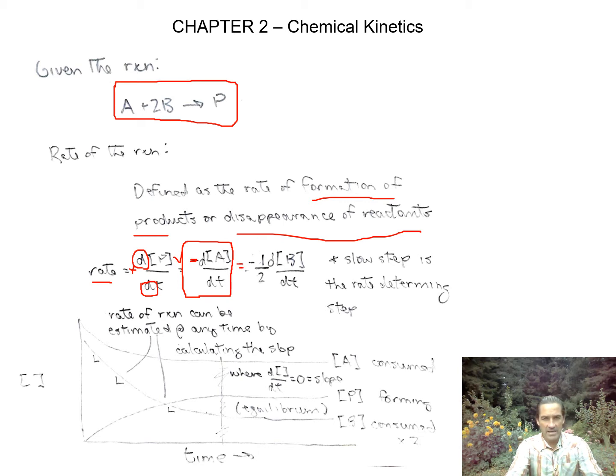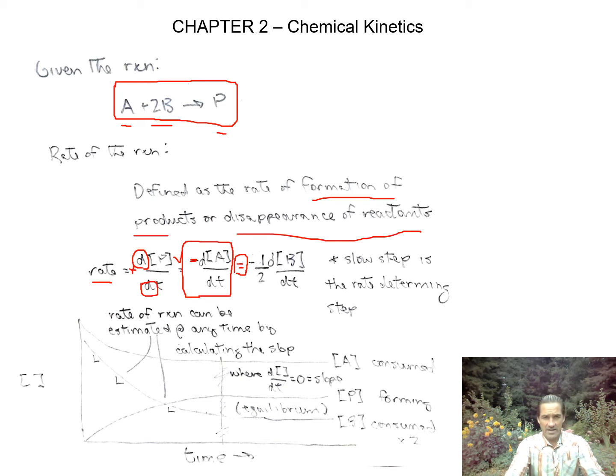Or I could say the rate is equal to minus 1/2 the change in B over the change in time. Now, where did that half come from? Well, I have an equal sign here. And so if I'm going to relate the change in A, the disappearance of A, with the disappearance of B, for every A that disappears, two B's react with that to make the product.